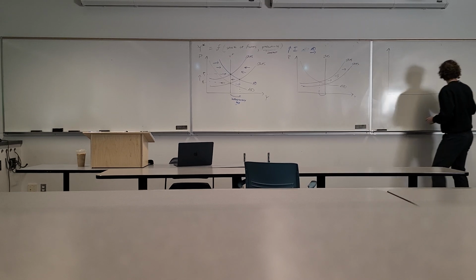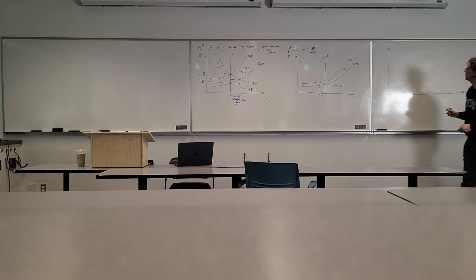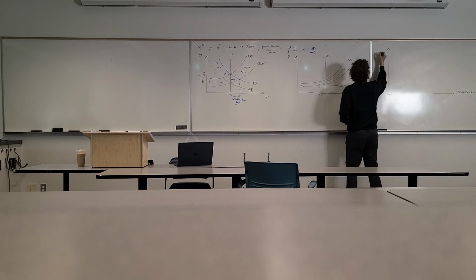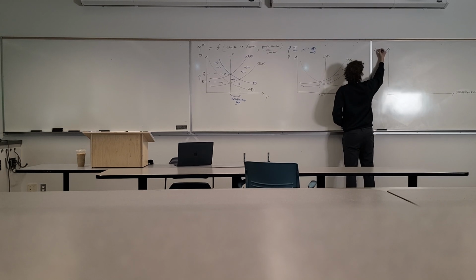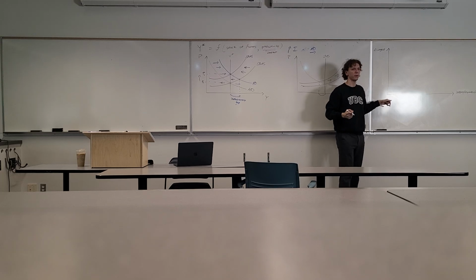So this here is unemployment. And let's say this is not wages, but the rate of change of wages, right? So if this is positive, that means wages are going up, and if that's negative, that means wages are going down, right?